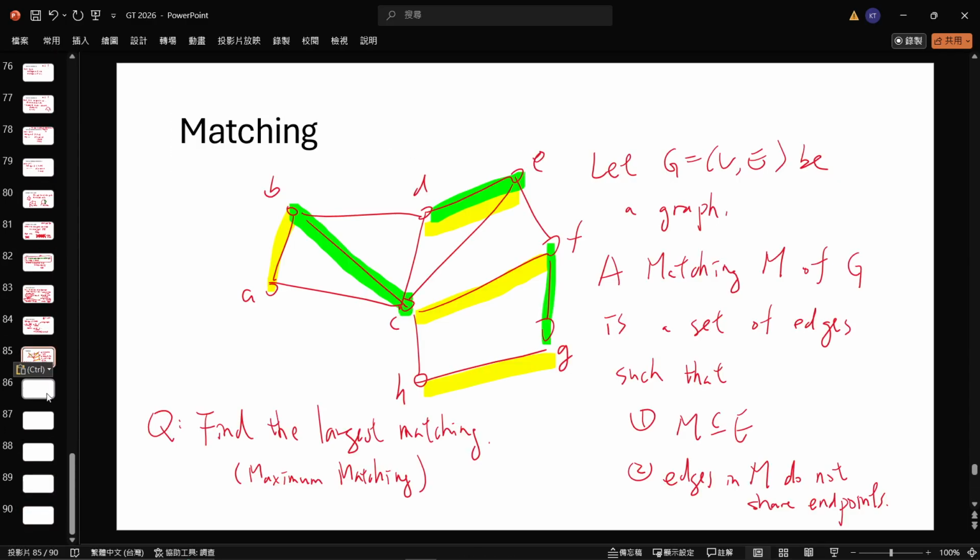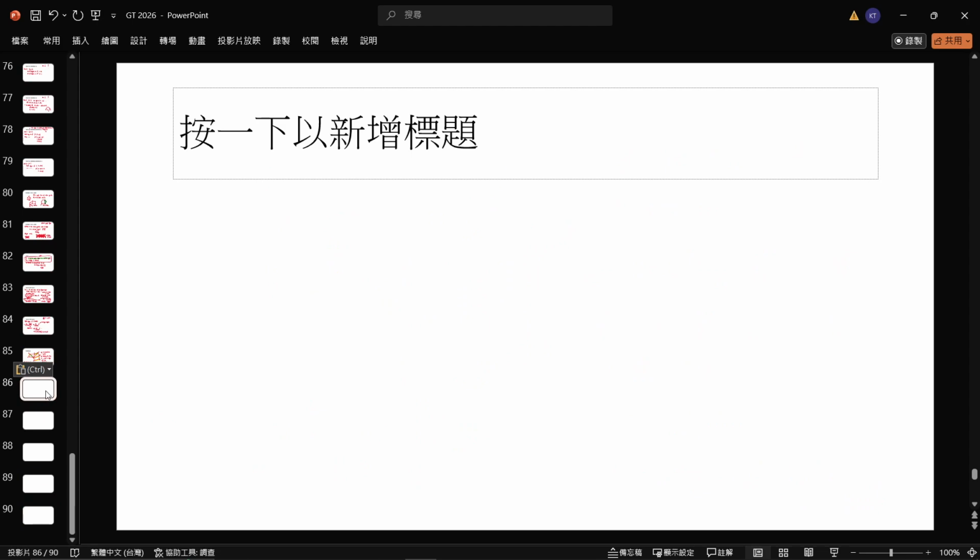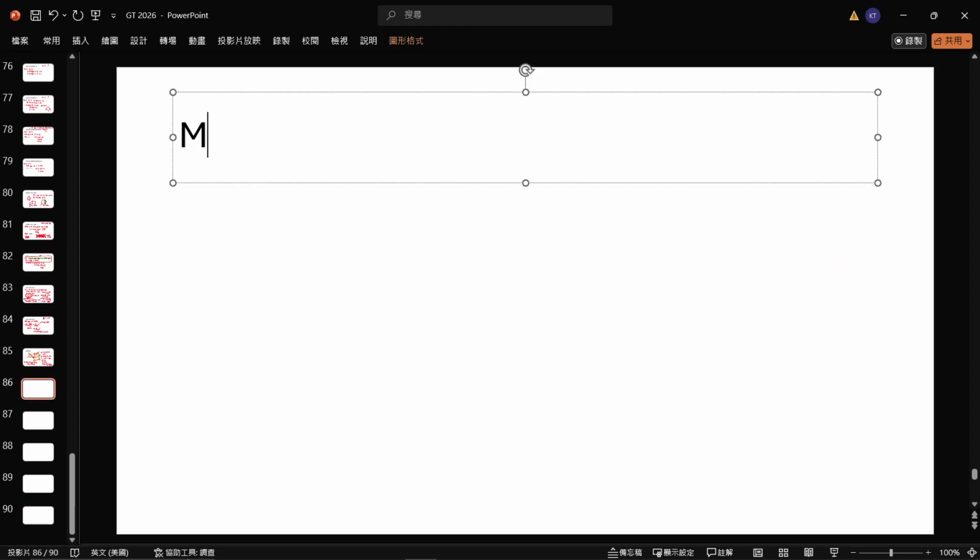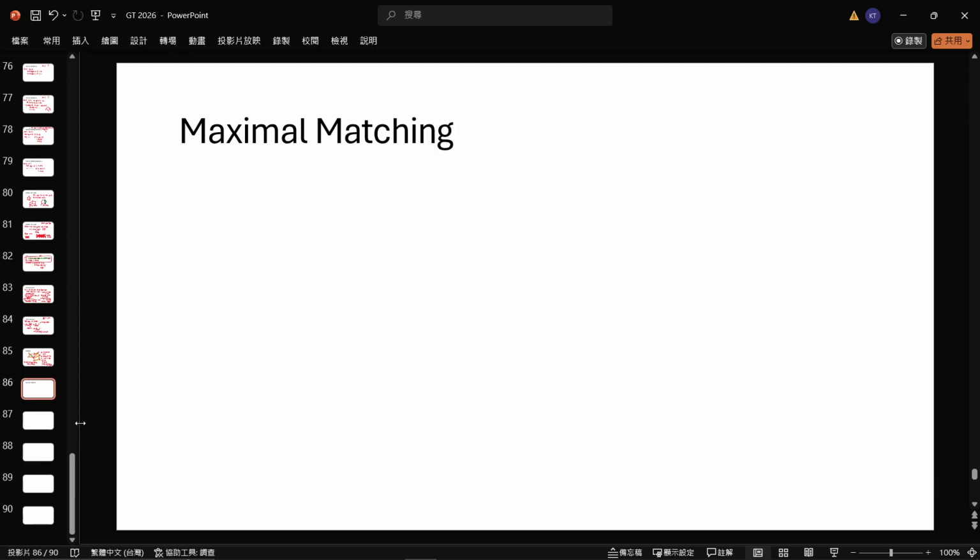So there's a very similar concept, okay, called maximal matching. Just like when we discussed components, recall that we said that a component is a maximal connected subgraph. And I said earlier that whenever you see some words ending with AL, you should think about local, LOCAL, okay?